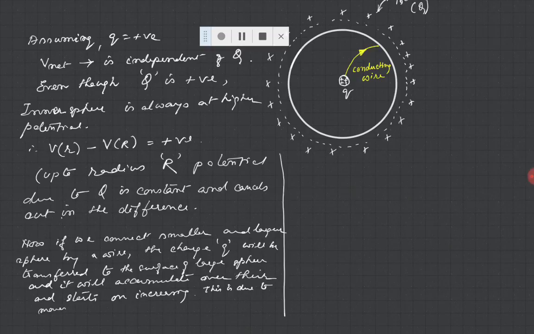This is due to movement of the positive charge which goes on accumulating over there.